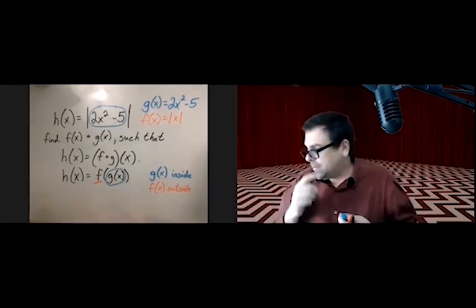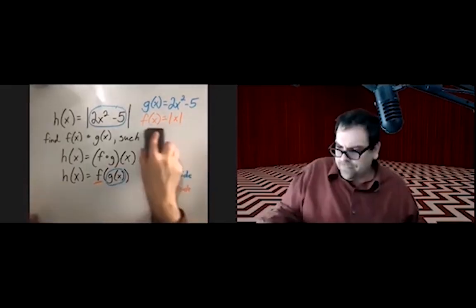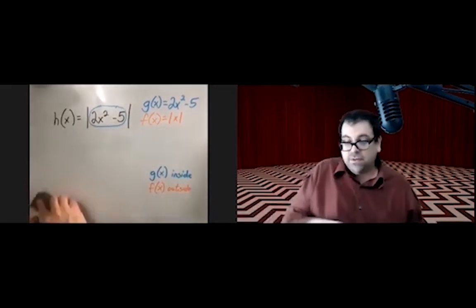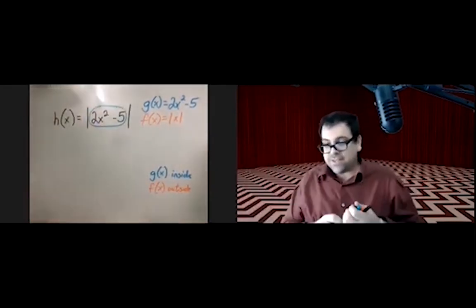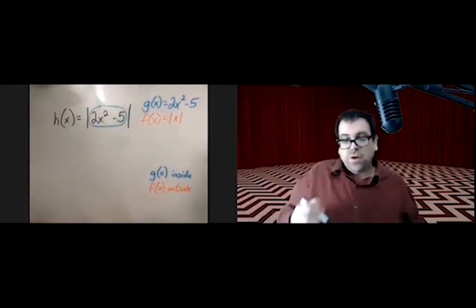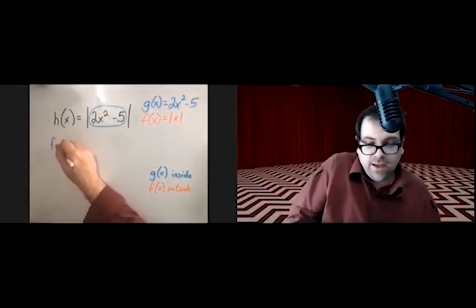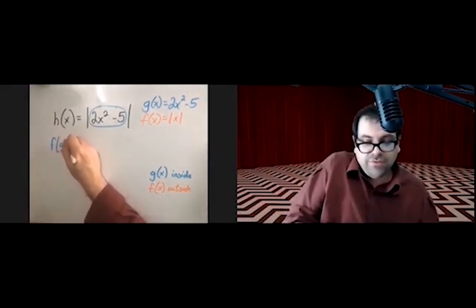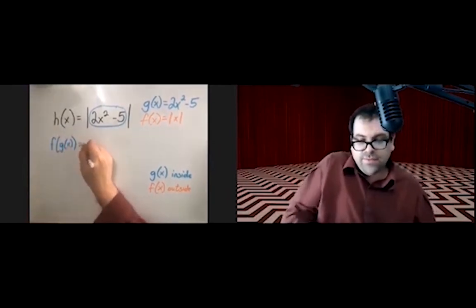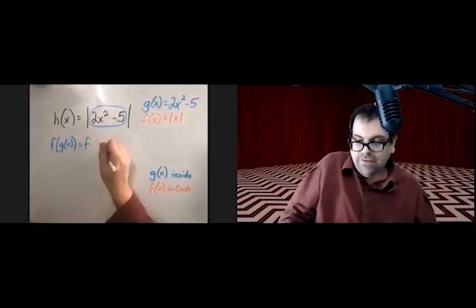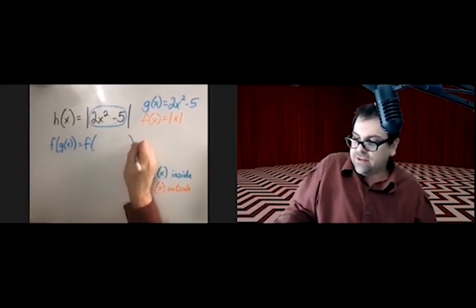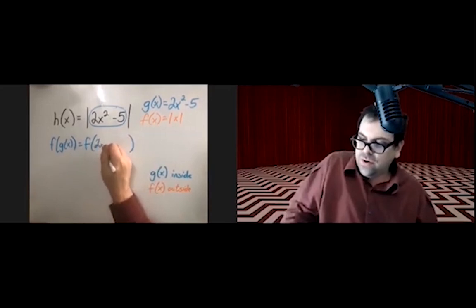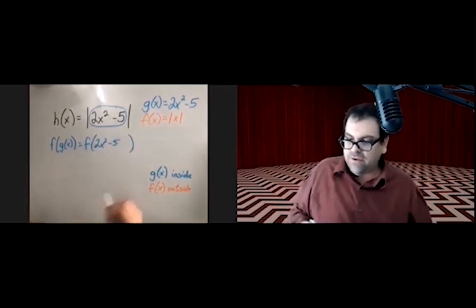We can check here by composing. Let's make sure what we picked is correct. We wanted it to be f composite g, or f of g of x. That's going to be f of what is g of x. We picked 2x squared minus 5.